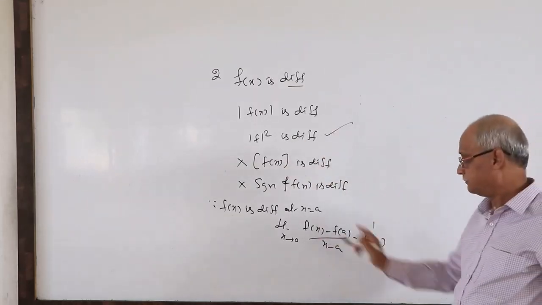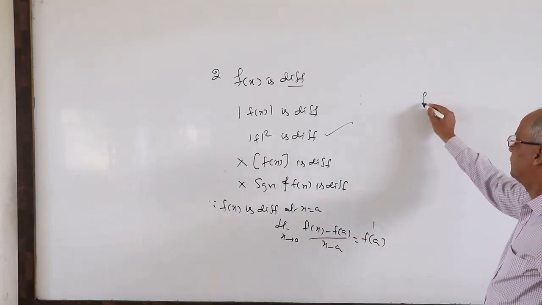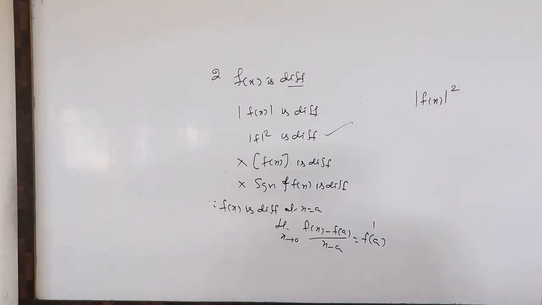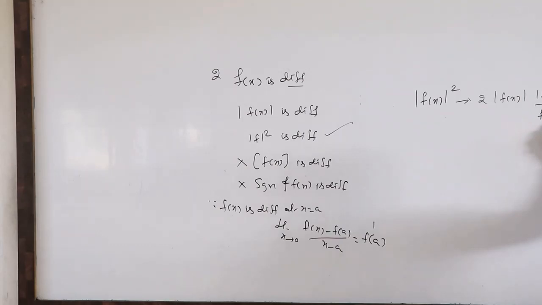Consider mod f square, mod f of a. What is mod f of x square derivative? Chain rule, 2 into mod f of x into the derivative of mod f of x, modulus f of x by f of x. This is our process generally. At any x equal to a, write down f dash a, f of a, f of a, f of a.